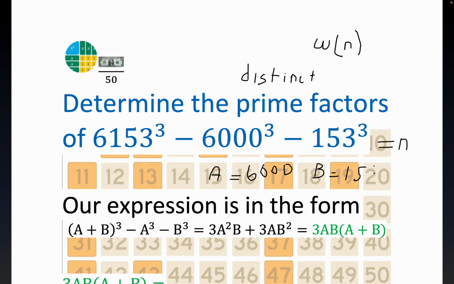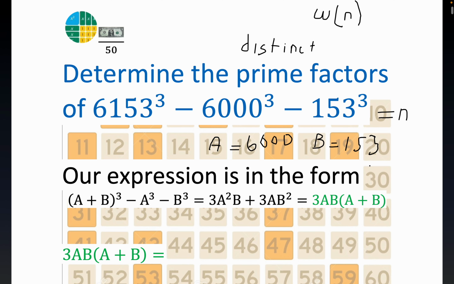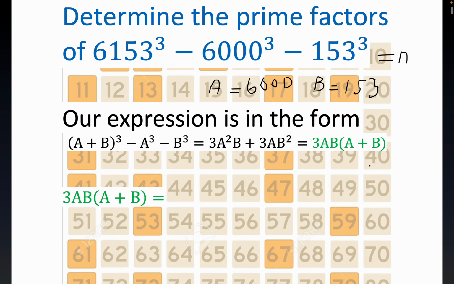Okay, so let's move along and see how this goes. Now, in this particular case, 3ab would be equal to 3 times 6,000, and I got the dot right in there to connote multiplication, and then times 153. Again, we don't have to be super precise about how many of each of the factors repeat.